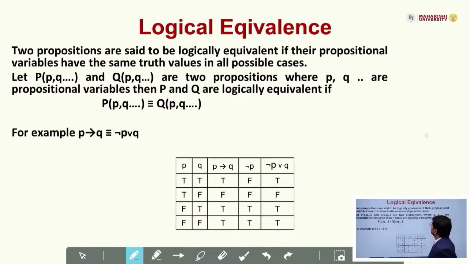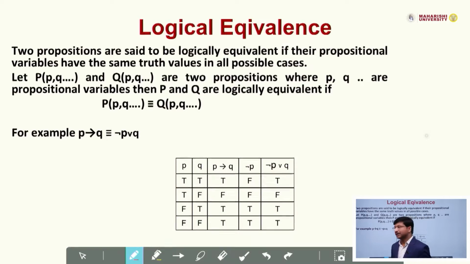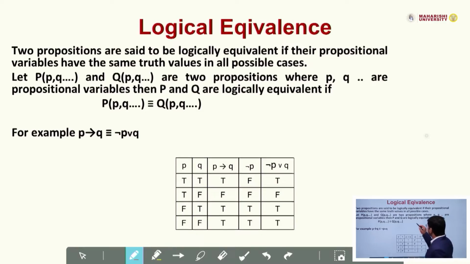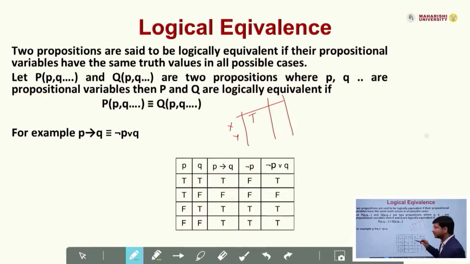Now, logical equivalence. What is logical equivalence? Two statements are said to be logically equivalent if their corresponding truth values are the same. Say, for example, if the result of any condition, for example x, y, whatever the condition is, is true, and the other is also true, these are logically equivalent. True and false are not logically equivalent.